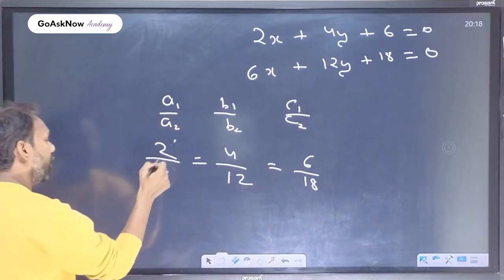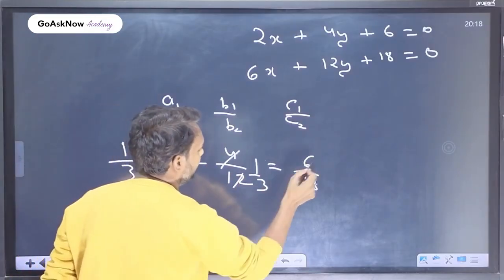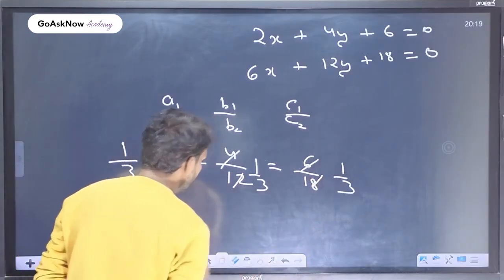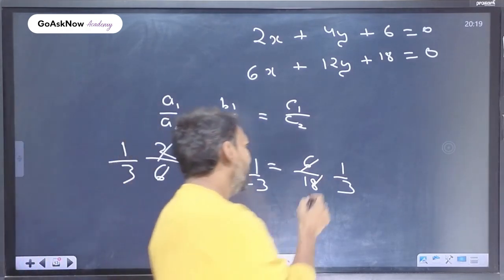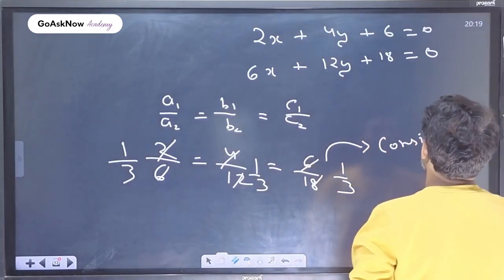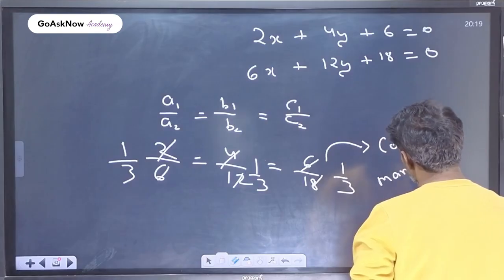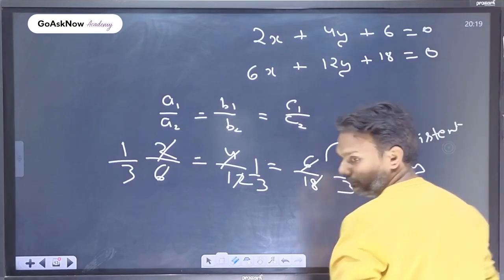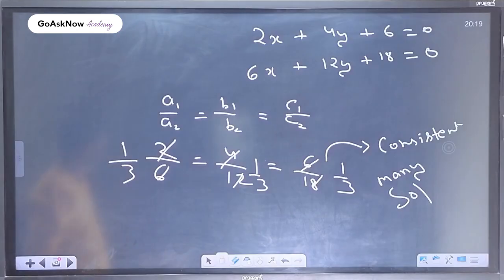When we reduce all this to lowest form, we get 1 by 3, 1 by 3 and 1 by 3. That means these all are equal to each other. Then we will see that these are consistent and have many solutions.